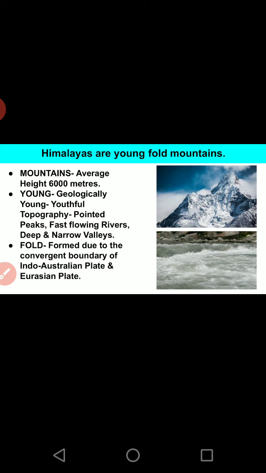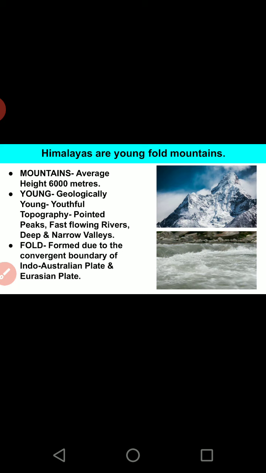So Himalayas are called by these three names. These are the three adjectives which are used for this. Himalayas are young, they are fold, and they are mountains. Let's explore these three words. They are mountains because their average height is 6,000 meters.